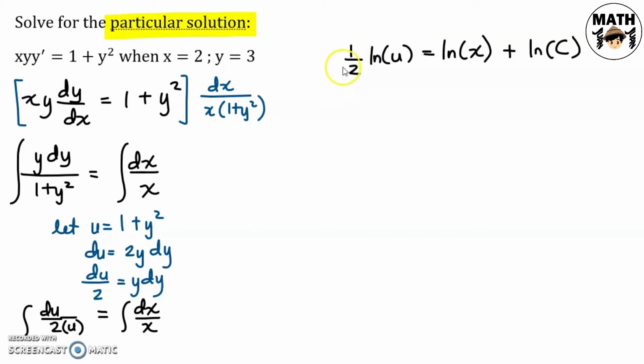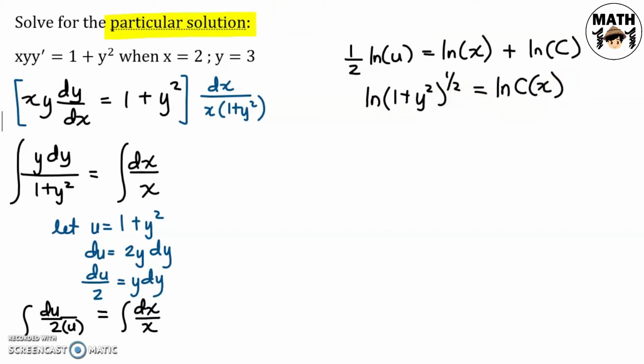By logarithm rules, itong factor na to will be the power of u, and palitan na rin natin yung value ng u ng 1 plus y squared. So, we'll have ln of 1 plus y squared raised to 1/2. That is equal to, and this sum can be expressed as the product of c and x.